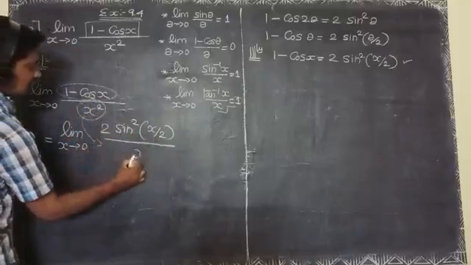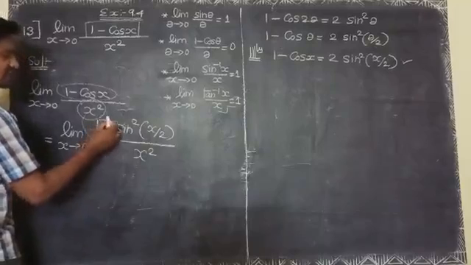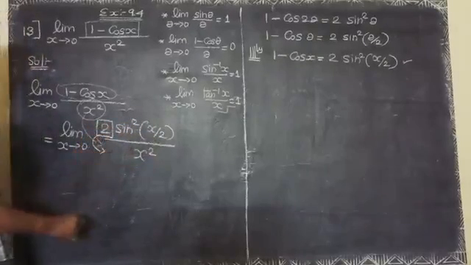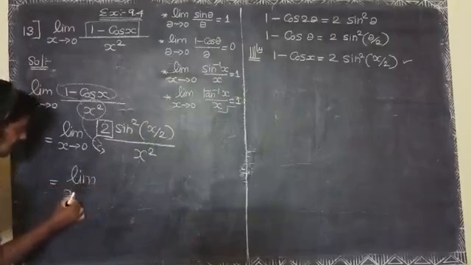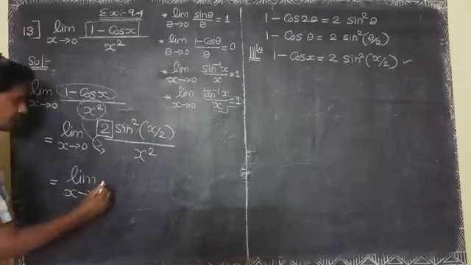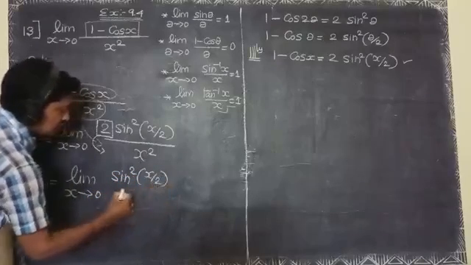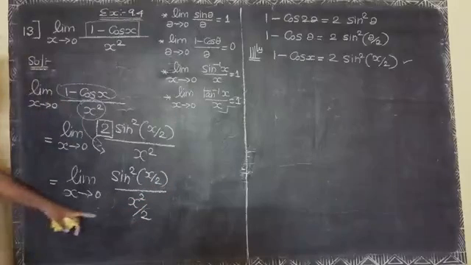The numerator has 2 times sin square x by 2. The 2 goes to the denominator. The structure is limit x approaches 0, sin square x divided by 2, divided by x square divided by 2.